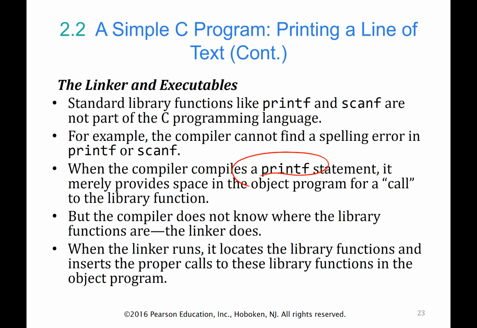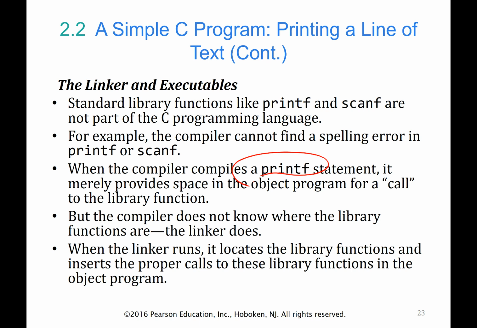It doesn't have whatever other functions you can think of. All it has is a little place where it calls that function, and those functions are included in the library. So when we run the linker, it goes through and finds them.